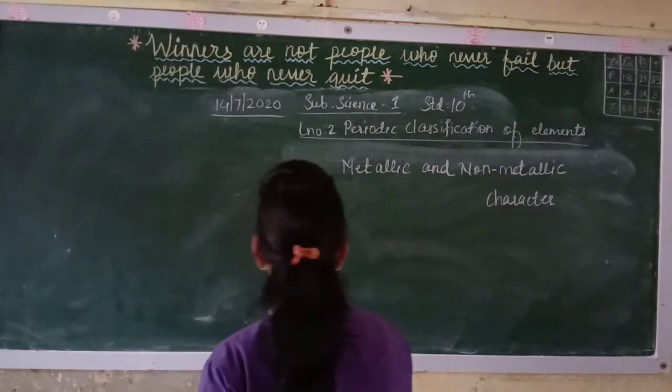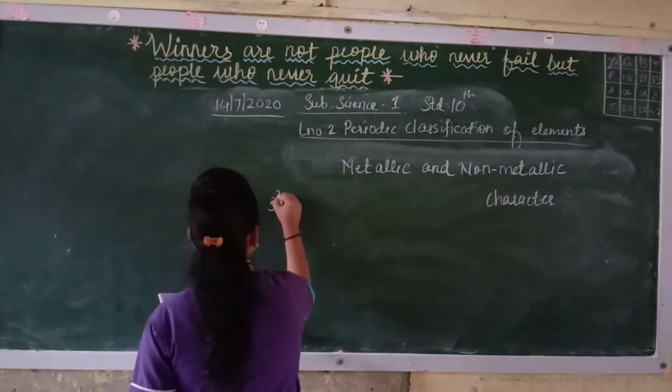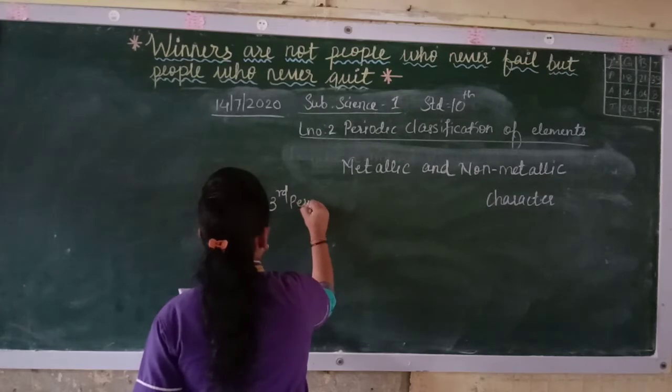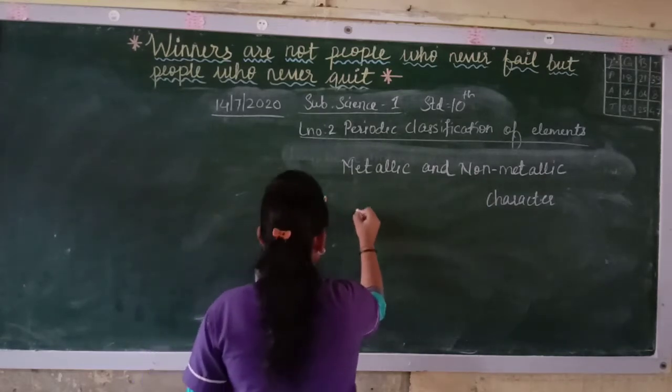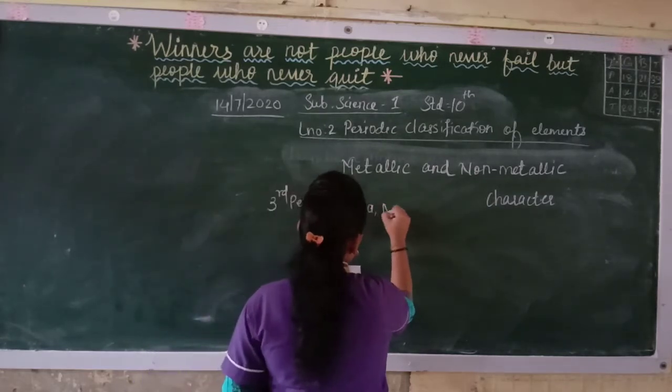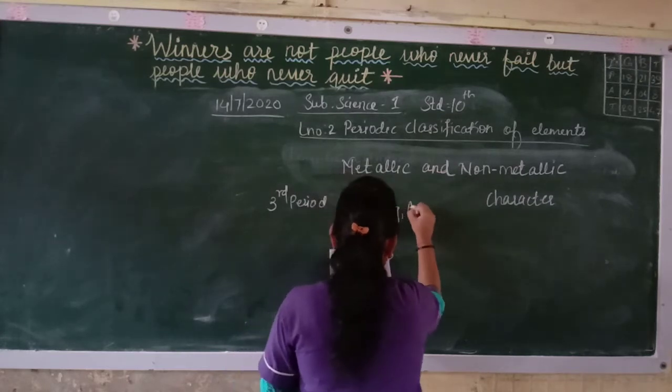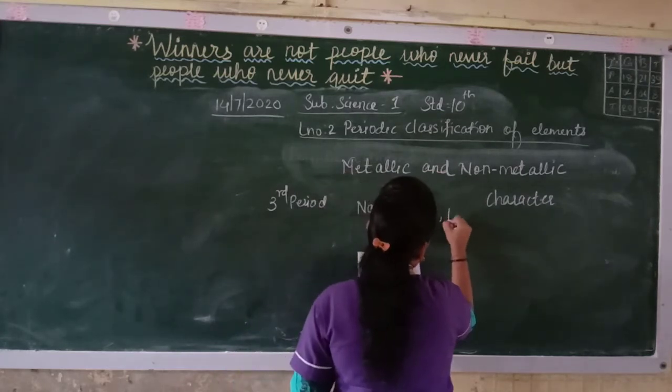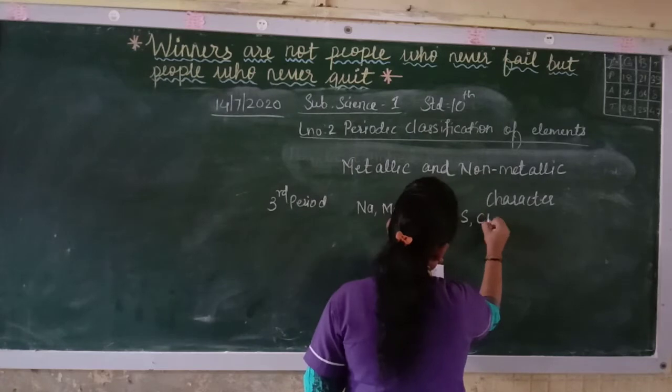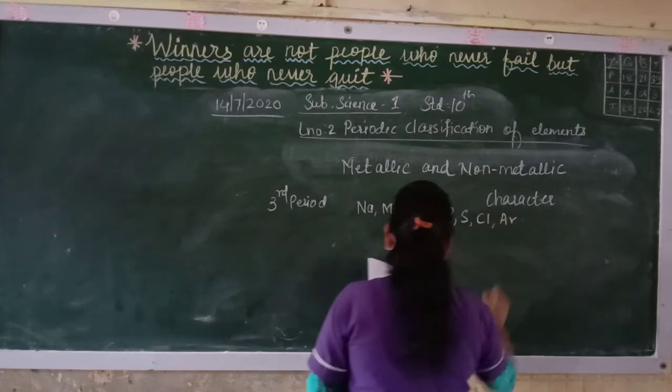So what are there in the third period? If you see in your modern periodic table, you will get sodium, magnesium, aluminium, silicon, phosphorus, sulfur, chlorine and argon.